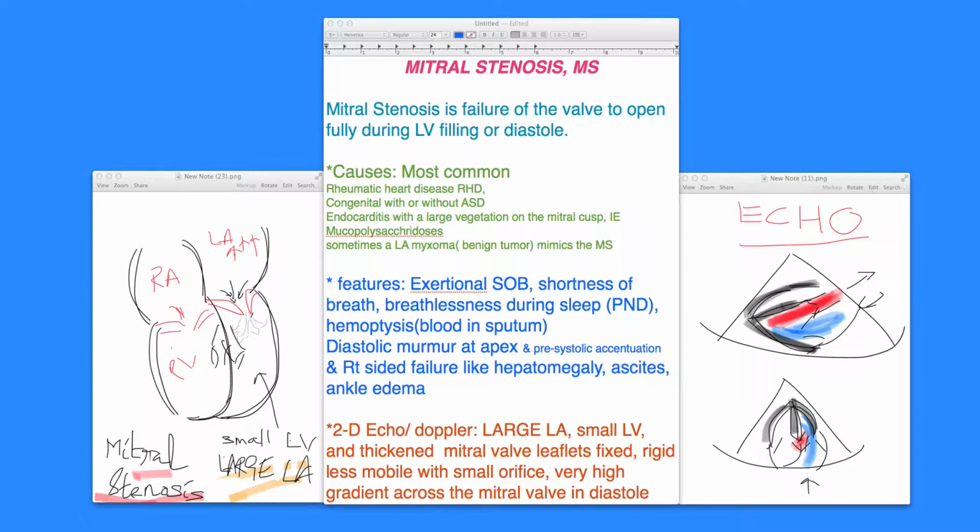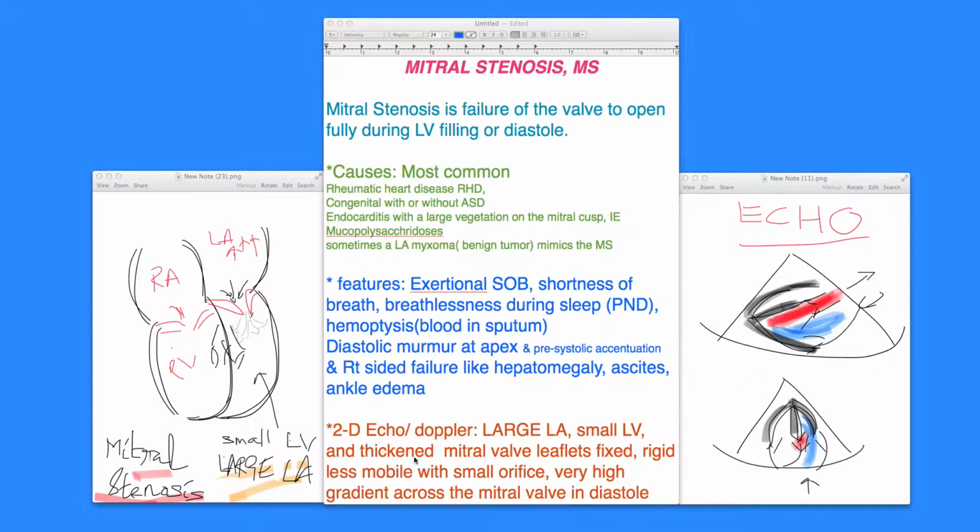Now, the sine qua non on the echocardiographic findings are obviously a thickened mitral valve leaflet which fails to open, a large left atrium, and a very small left ventricle. That gives a clue that there is something going on in this mitral valve, and that is most likely mitral stenosis.